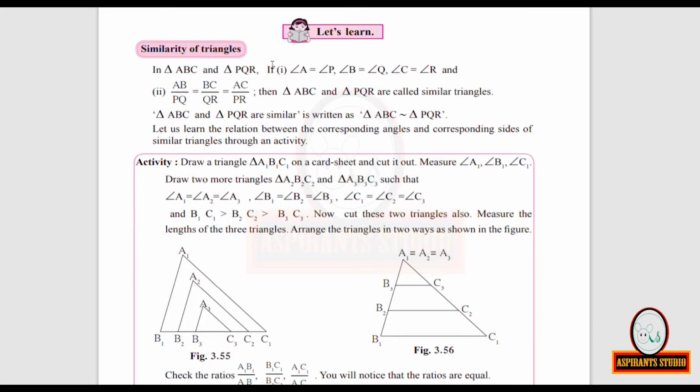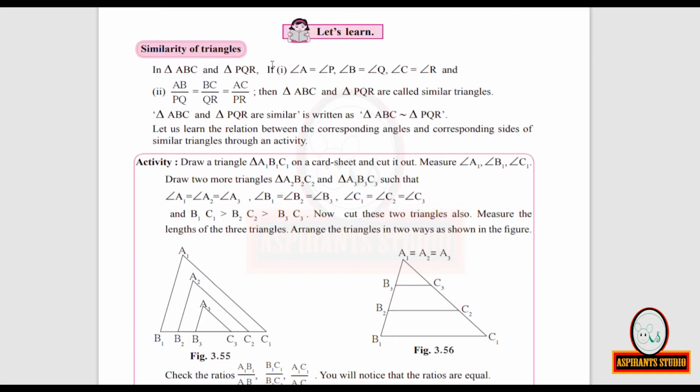In triangle ABC and triangle PQR, if measure of angle A is equal to measure of angle P, measure of angle B is equal to measure of angle Q, measure of angle C is equal to measure of angle R, and AB upon PQ is equal to BC upon QR is equal to AC upon PR, then triangle ABC and triangle PQR are called similar triangles.